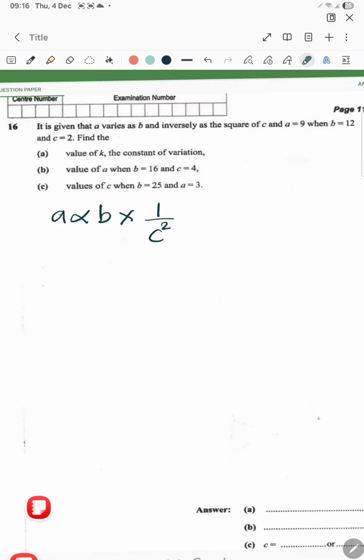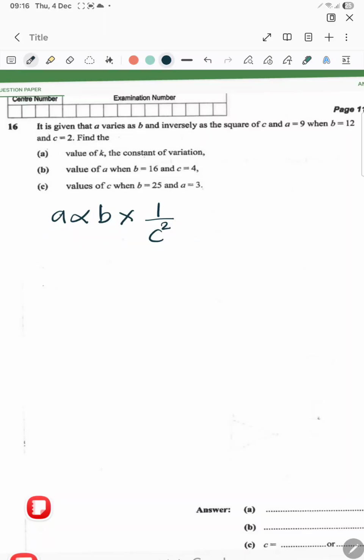Then from there, create the formula from the variation you've made. How can you create the formula? To create the formula is simply to remove the variation symbol and put an equal sign. Once you remove the variation symbol and put an equal sign, then K should be introduced in this formula.